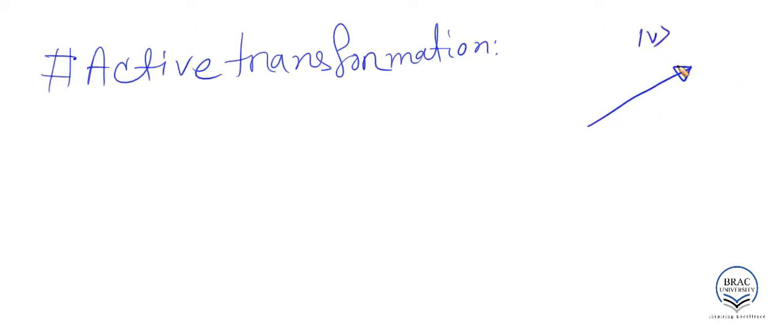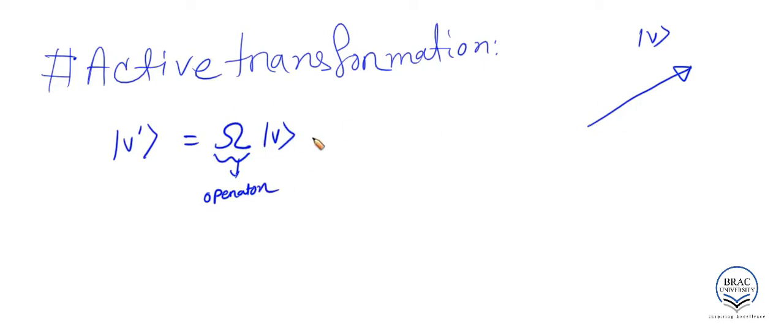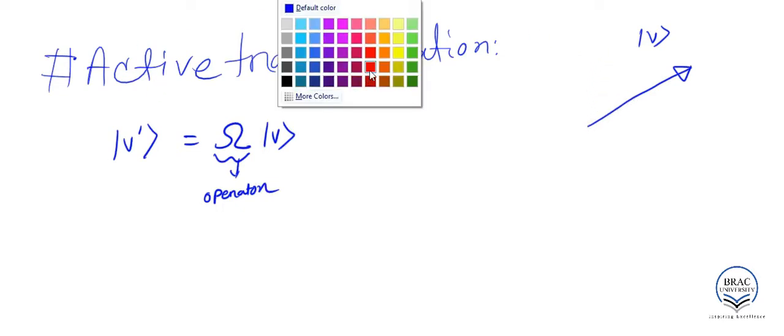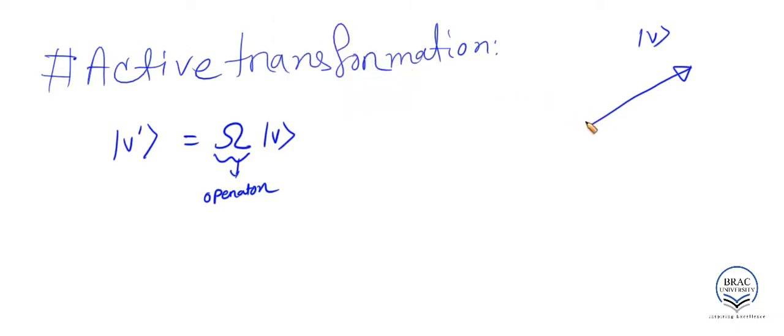And what you do, you want to operate some operation on this vector, that is, let's say you have this v prime which is obtained from v with the help of an operator. And after you operate this, it will give a new vector, that is v prime, and let's try to draw v prime. Let's say this is v prime.